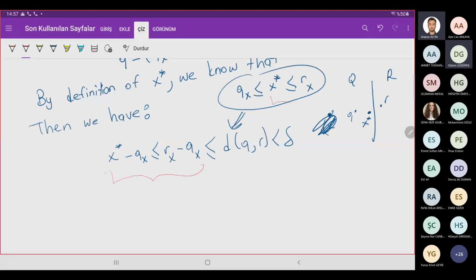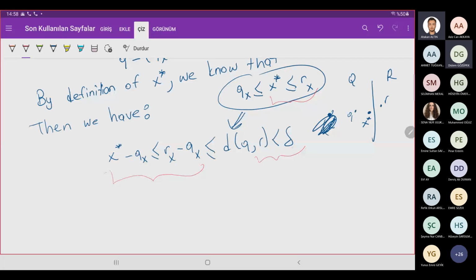Since X star is less than or equal to Rx, if I subtract Qx from both of them, the same inequality will hold. So Rx minus Qx is less than or equal to dqr, the distance between Q and R, and dqr is less than delta.